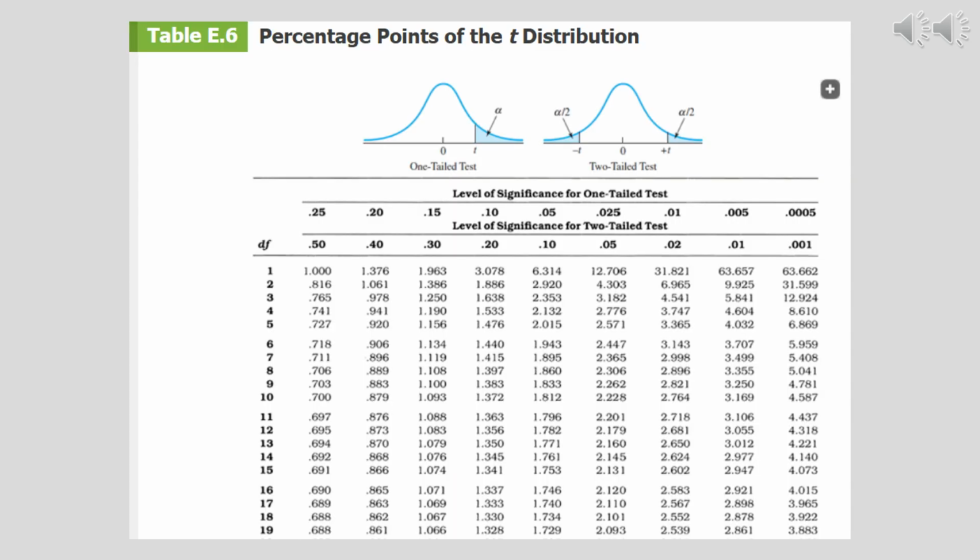So what we need to do is find the critical value of t, and if the t value that we just calculated, 4.38, is more extreme than the critical t value that we're about to look up in a table, then that means our t value lies in the critical region, which are those regions in blue at the top of the image.